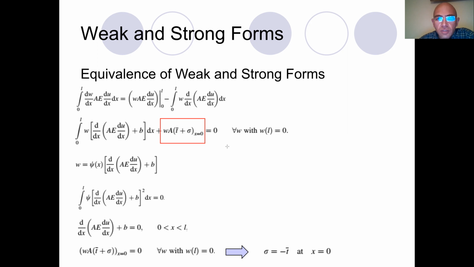Now here the point is this: remember the condition on the weight function. The weight function is arbitrary, it's W, and at the Dirichlet boundary condition, at the essential boundary condition, where the displacement is specified, it is 0. We choose it so. Okay.